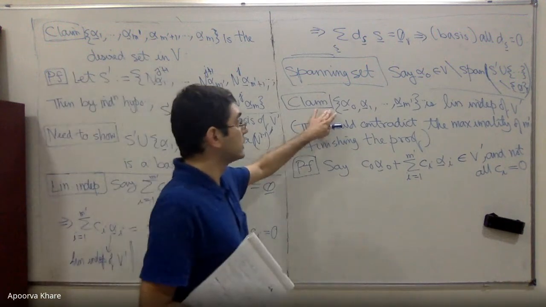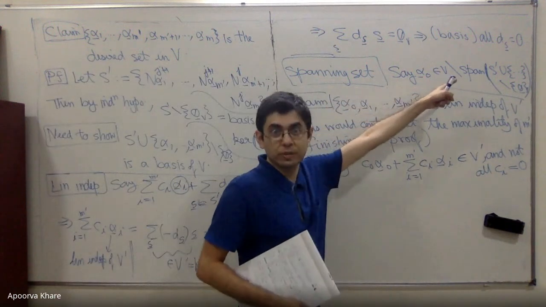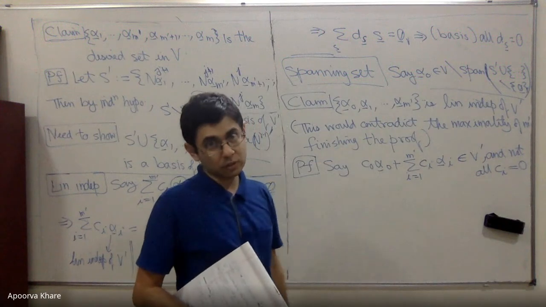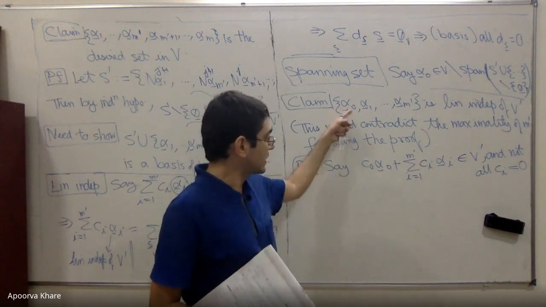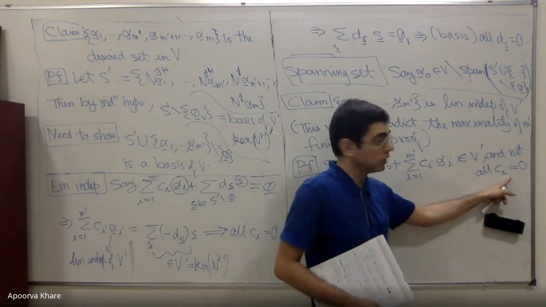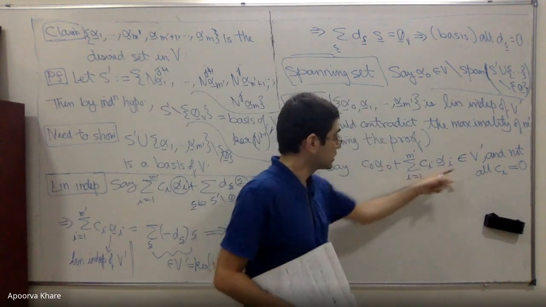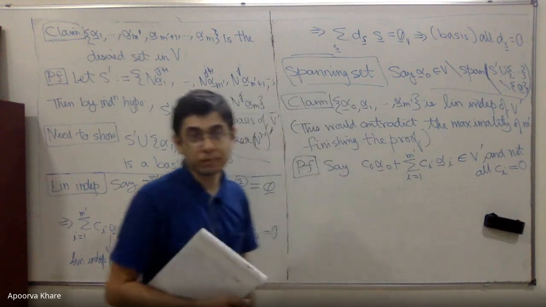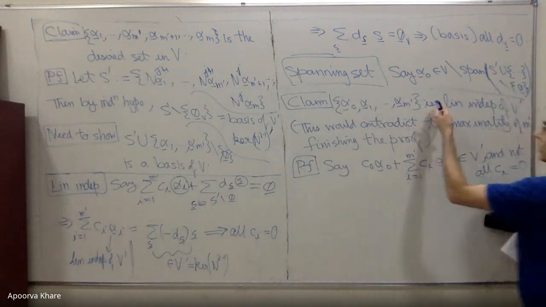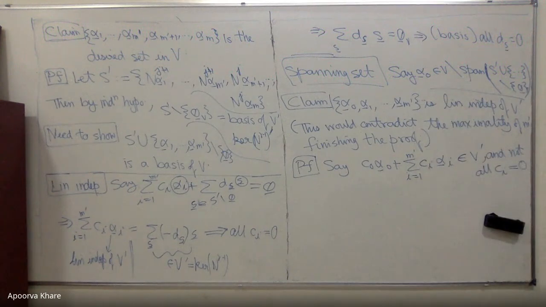Right, we want to prove that this cannot happen. Assuming that alpha naught belongs to V minus that span, we want to prove this for whenever alpha naught is such an element. Suppose this doesn't happen, that means that you can find a linear combination which is non-trivial and is in V prime. Right? Because otherwise, if you could never find it, then you're done. So suppose you have this thing.